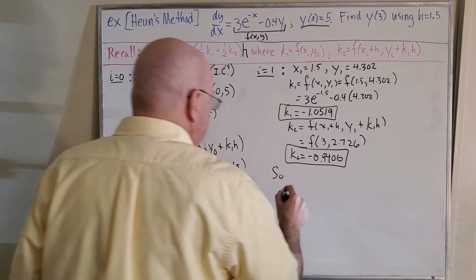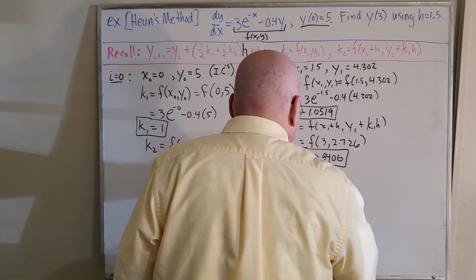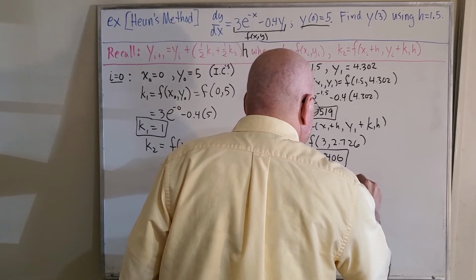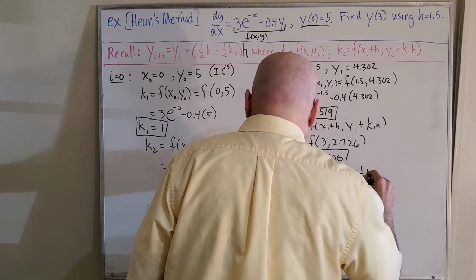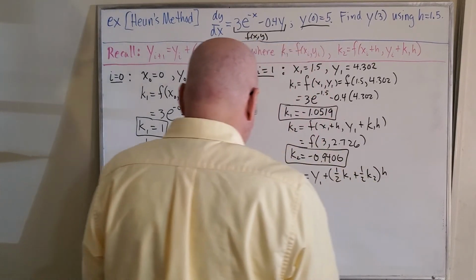So we get that y2 is equal to y1 plus, I'll go ahead and write it down again, 1/2 k1 plus 1/2 k2 times h.